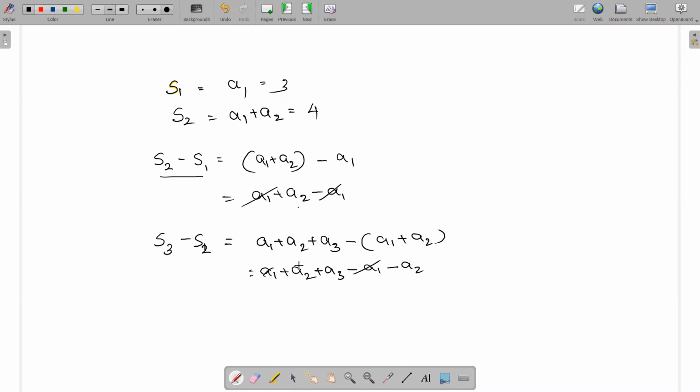So what are we getting? We can see that we are again getting A3, correct? That means if we take this one as n, that means an, then we can say Sn minus S of n minus 1, this is 1 less than n. This is another formula for an, correct? So using this one, we can do that one.